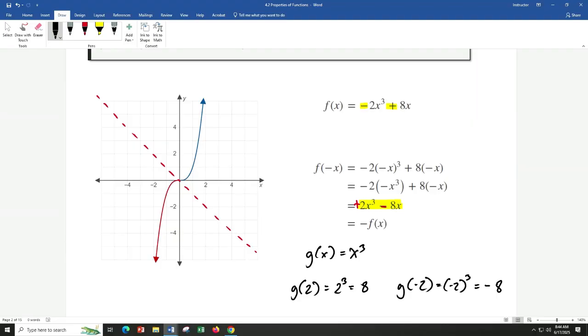Now remember, your line of symmetry for this is the origin. You would literally be folding that thing over, and that's how you would get that odd function. So we mirror across the origin for odd functions.